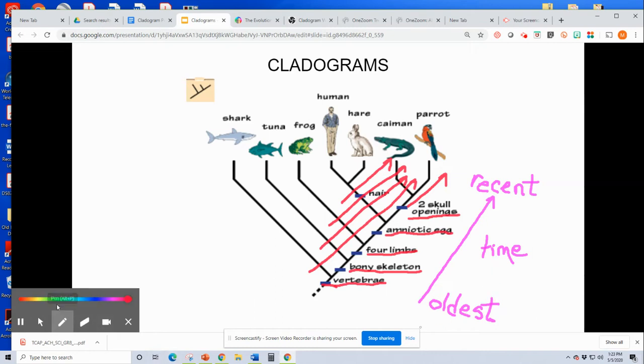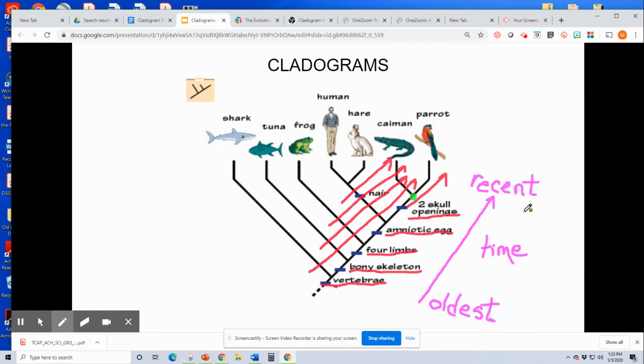Now, another thing that I wanted to point out to you is that you notice that these branches intersect. Okay, so if I follow the caiman line and the parrot line right here, they intersect at that point. That point right there is where a common ancestor of some sort was.